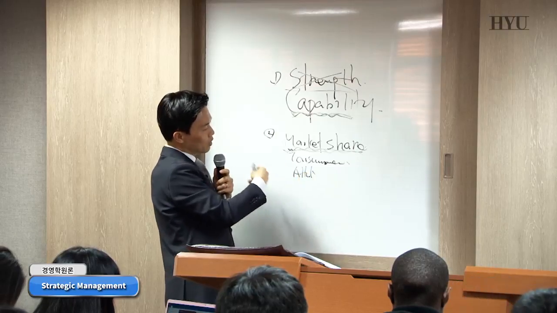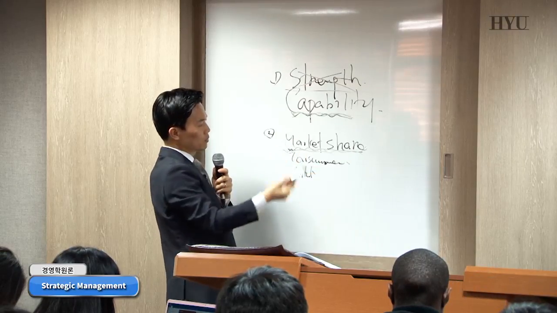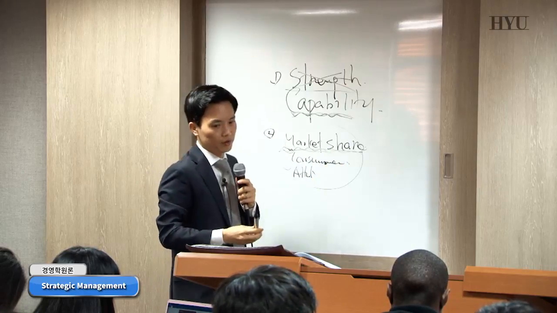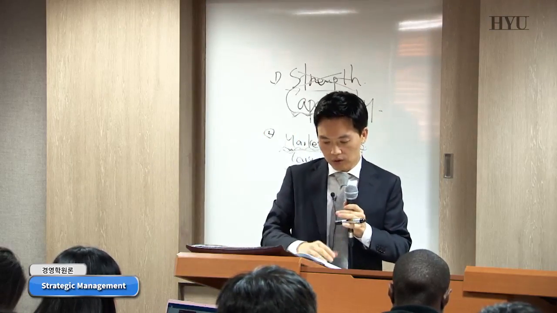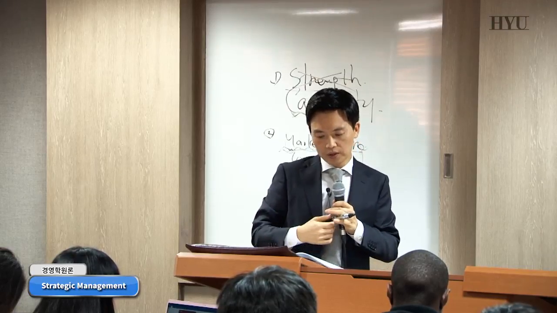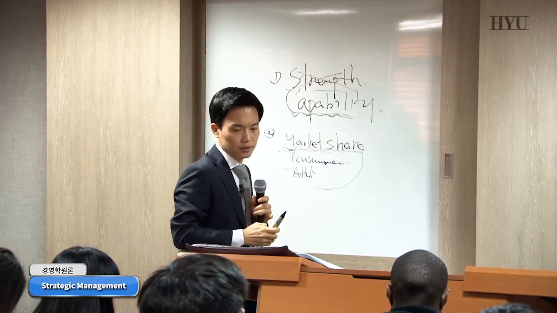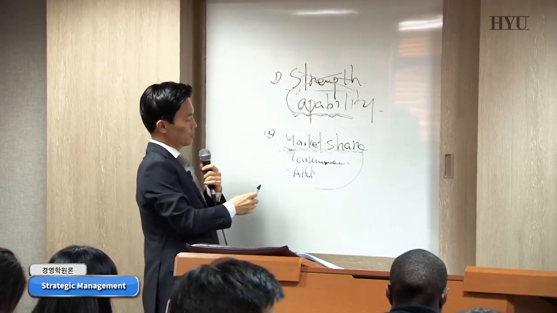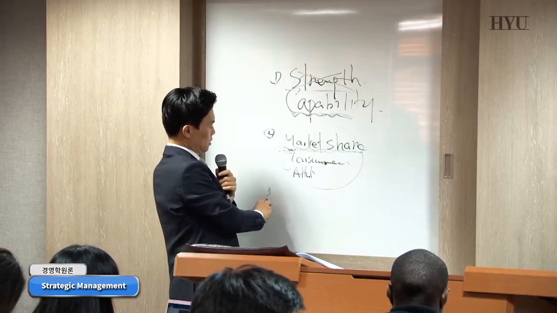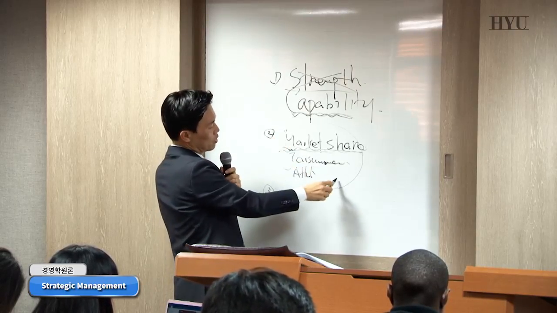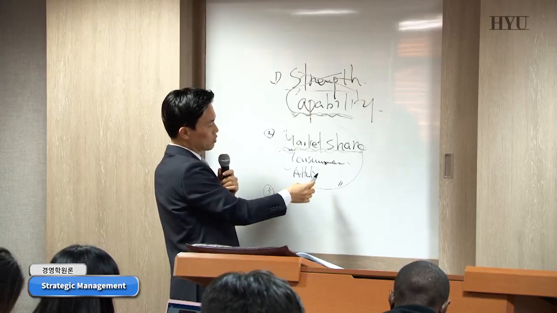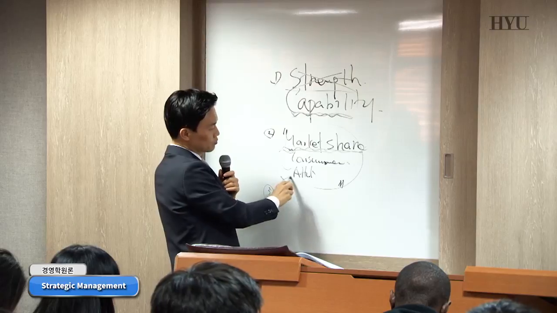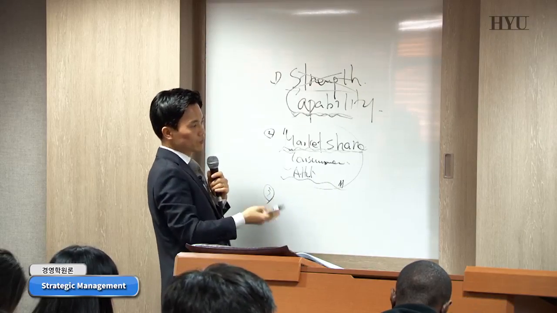What are the market shares of competitors, and who really buys the competitors' products, right? So you have to understand this one. What else? If you analyze competitors, like market share, who are the consumers, who are the loyal consumers of the competitors, you can find it if you investigate.